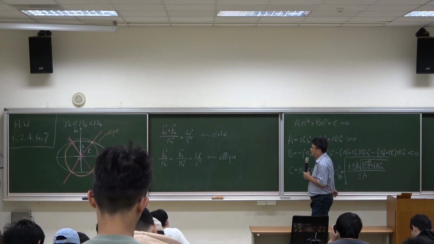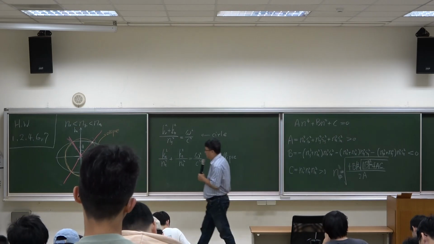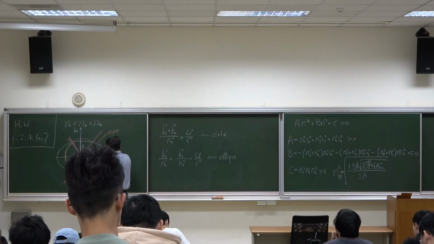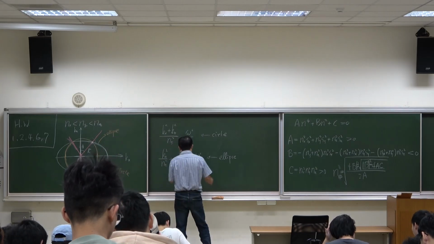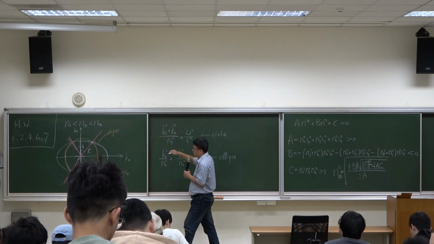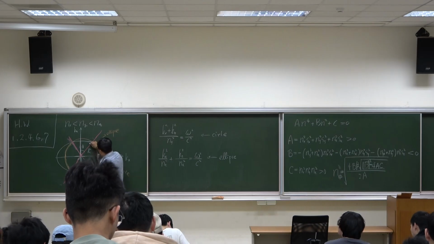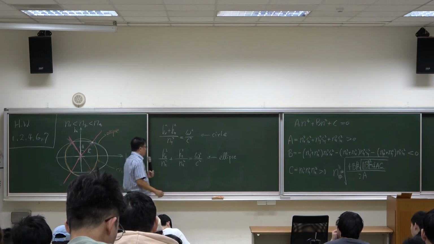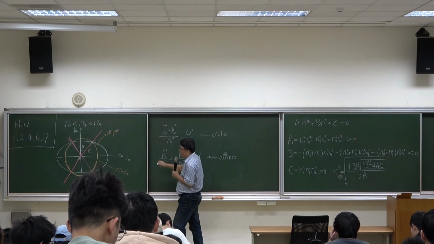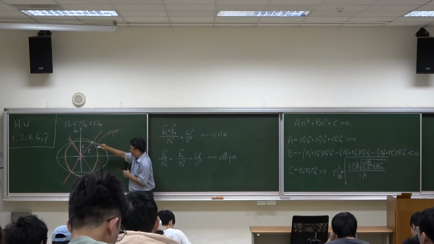Okay. So suppose we have this. I want to find the intersection point.